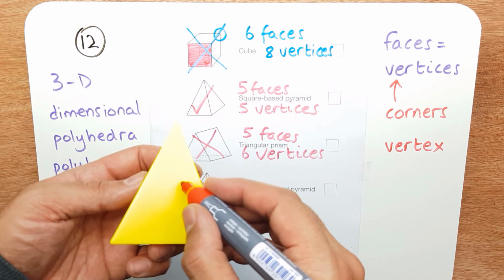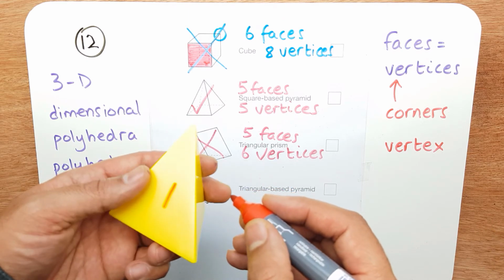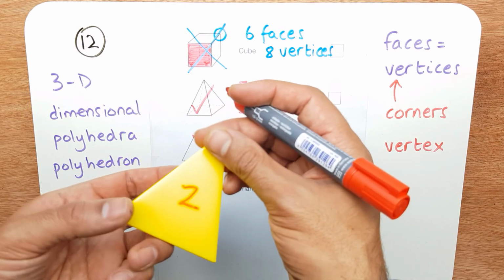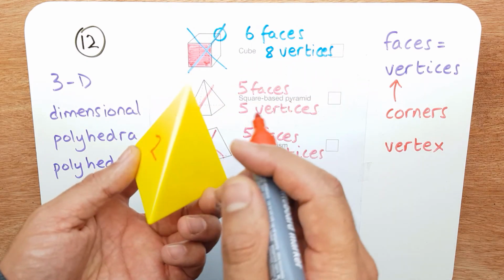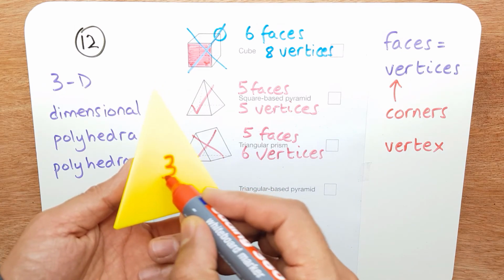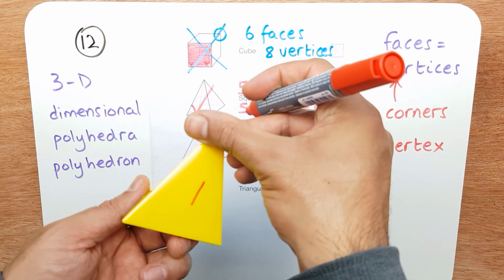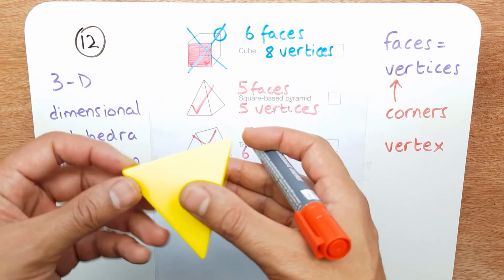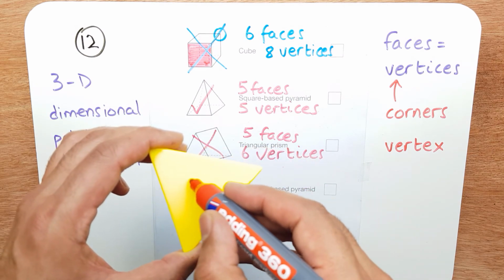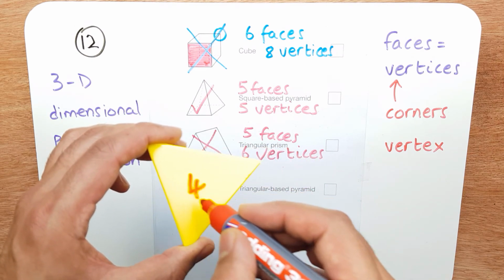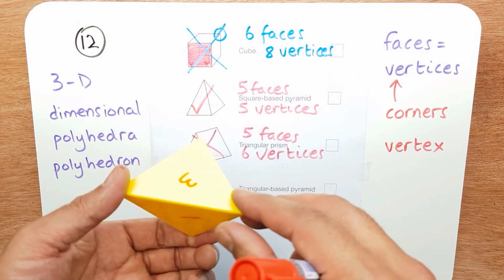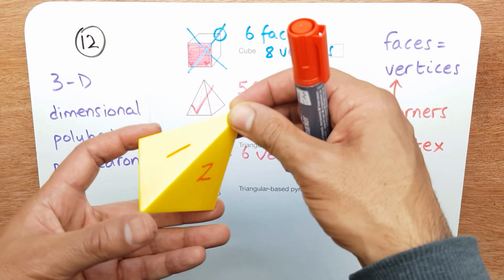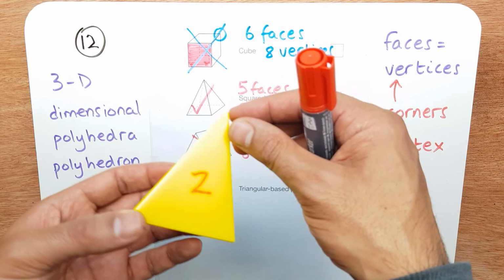So you have one face, 2 faces, turn it around, 3 faces, turn it around, and we've gone back to that. And then when we turn it onto its base, that is our 4th face. So this triangular based pyramid or tetrahedron has got 4 faces.